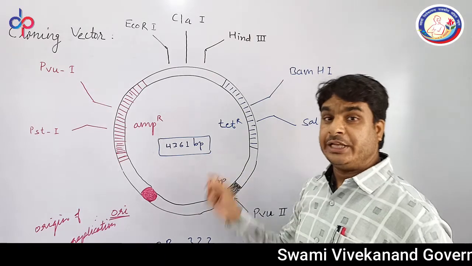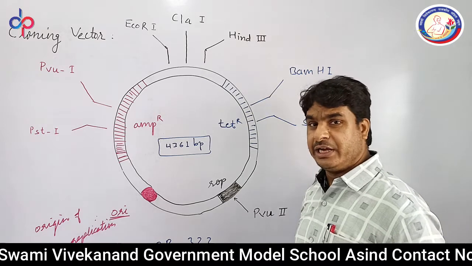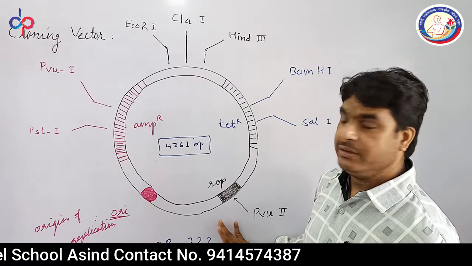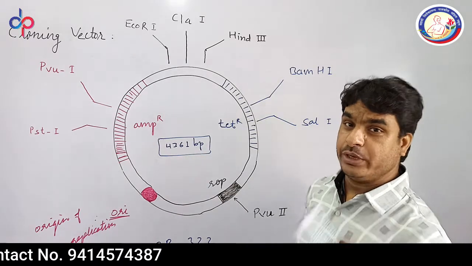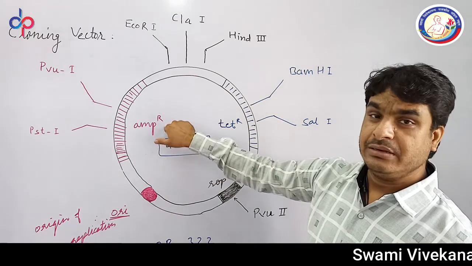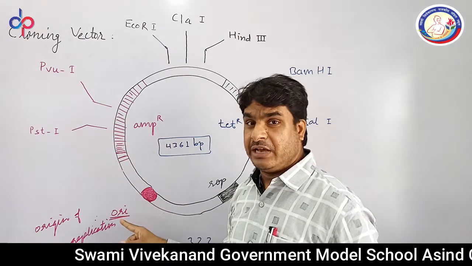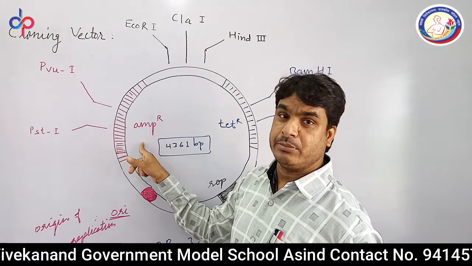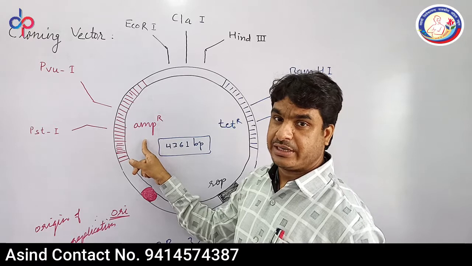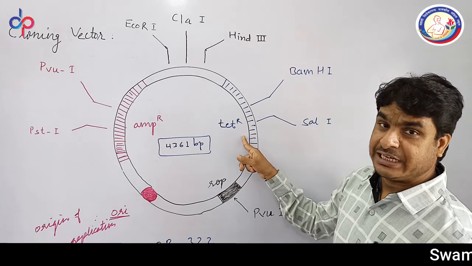These genes are naturally not found in E. coli. This pBR322 is based on the E. coli plasmid and naturally these genes are absent. You will have to insert these genes artificially in the laboratory. If the AmpR gene is present in the bacteria, then that bacteria will be resistant to the ampicillin antibiotic. It will not be killed by this antibiotic. On the other hand, TetR is the other selectable marker.